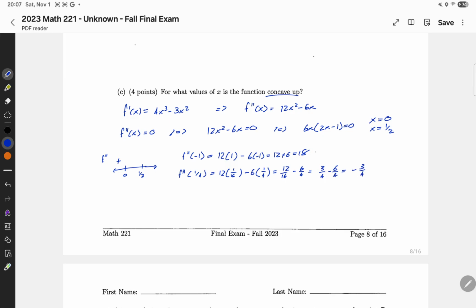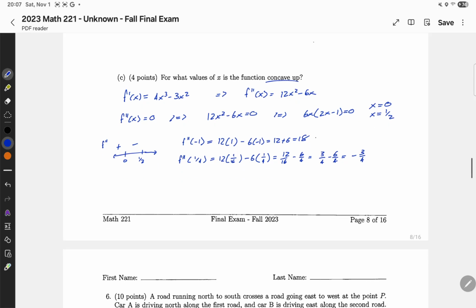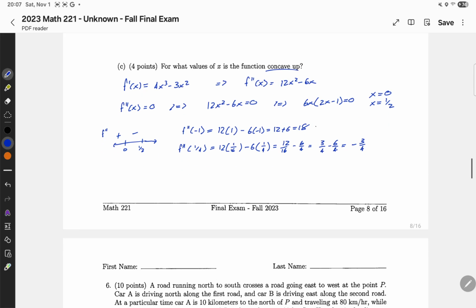Again, we don't care about the value, we just care about the sign. That's negative. And lastly, let's plug in 1. So f double prime of 1 is equal to 12 times 1 minus 6 times 1. This is equal to 12 minus 6, which is positive 6, which is positive.